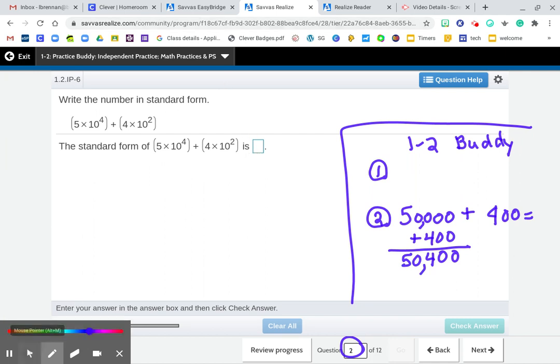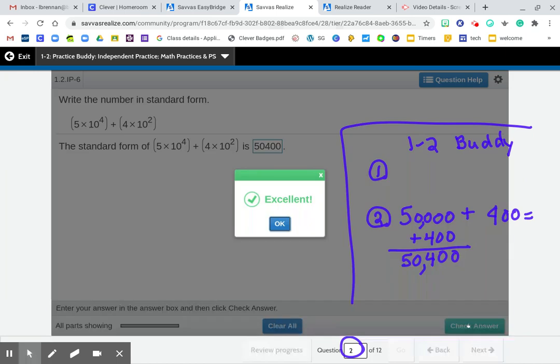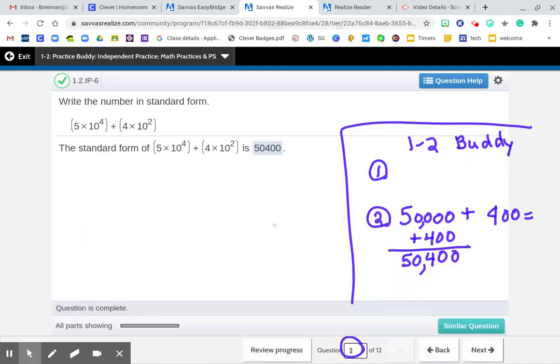Remember, I'm adding these 2 values together. So let's see, 50, 400. Let's see how we did. Excellent. Go on. And if you want to do another one of those, do another one. If you want to move on, move on.